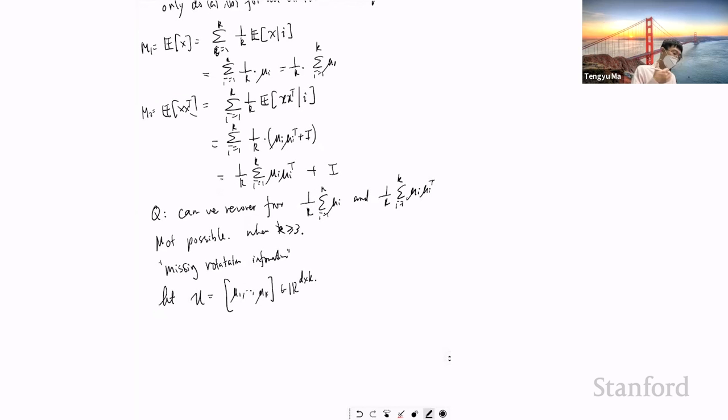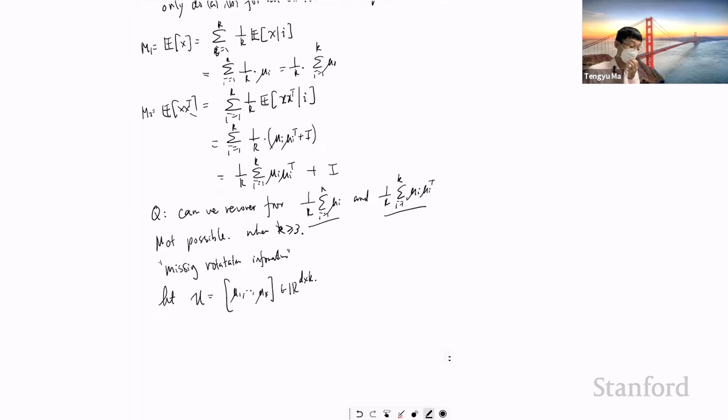Let me specify. To make the discussion easier, let's define U to be the collection of the means, mu_1 up to mu_k, which is a matrix of dimension d by k. This is the matrix you want to recover. I'm claiming that there exist two sets of mu's that have the same quantities: both M1 and M2 are the same, even though the mu's are different.